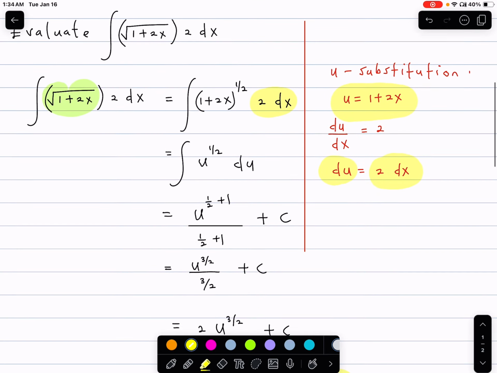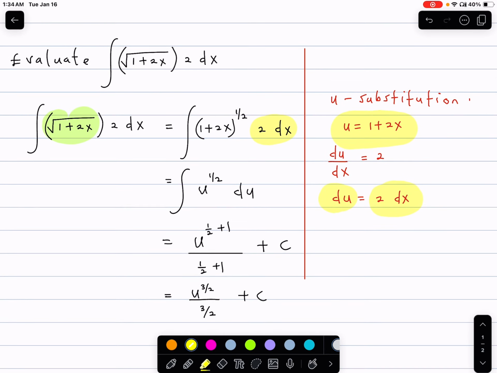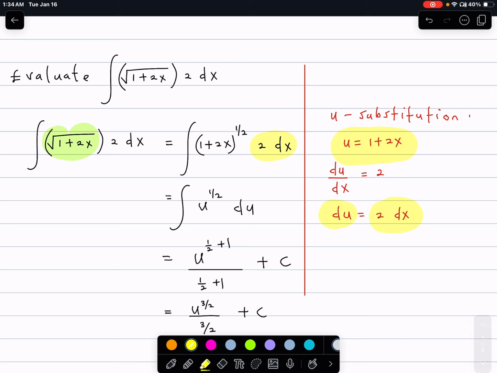Yeah, so I'm just quickly going to do a quick recap. I want to evaluate this integral. Then I rewrote it, instead of having the radical sign, as (1 plus 2x) to the power of 1/2, and that's the complex part of the integral.